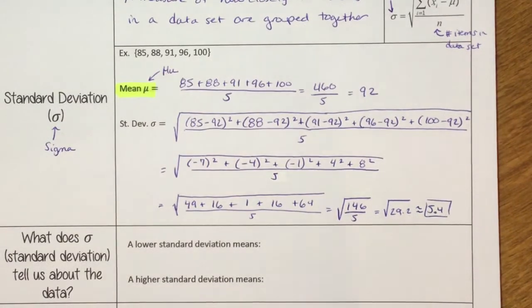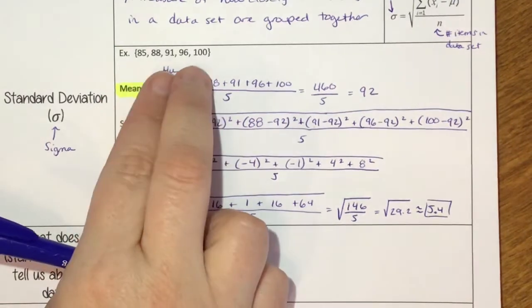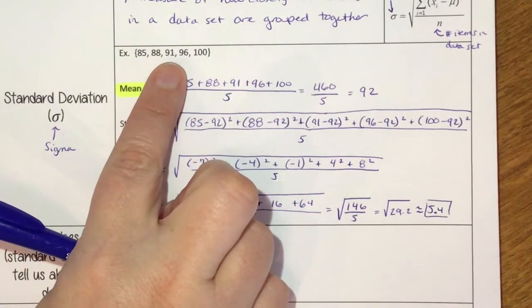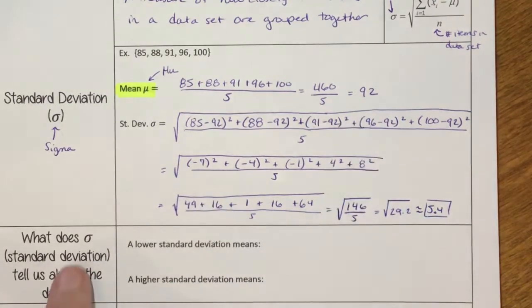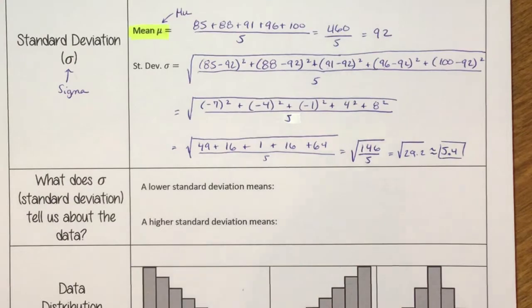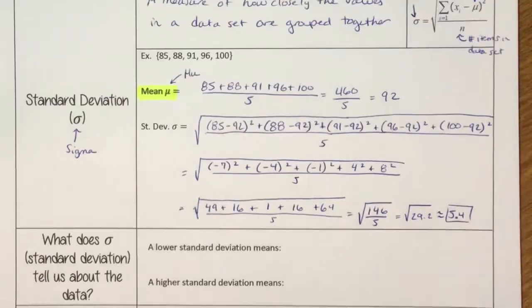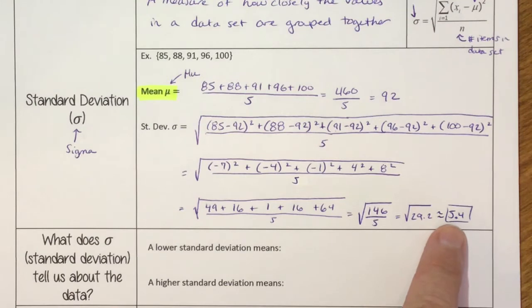Okay. So that's a way to measure how far spread out these data values are from the mean, which acts like the center, 92. So what does that standard deviation actually tell us about the data set? Well, if that number gets bigger, it is more spread apart from the mean.